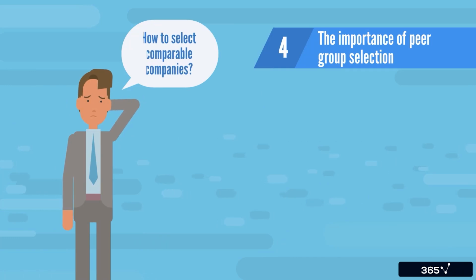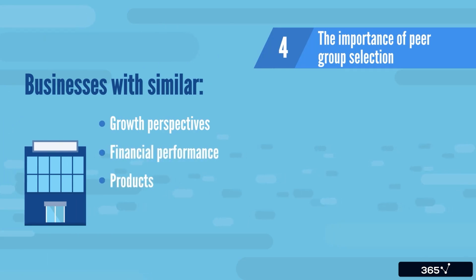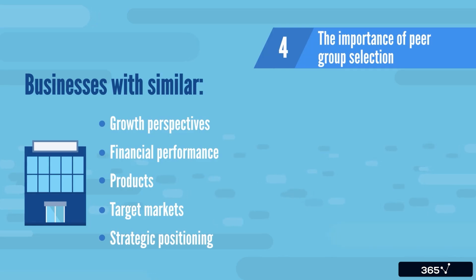Fundamentally, when you select comparable companies, you need to find businesses that have similar growth perspectives, financial performance, products, target markets, and strategic positioning. Extensive research and careful thought is required to assess each of these aspects.